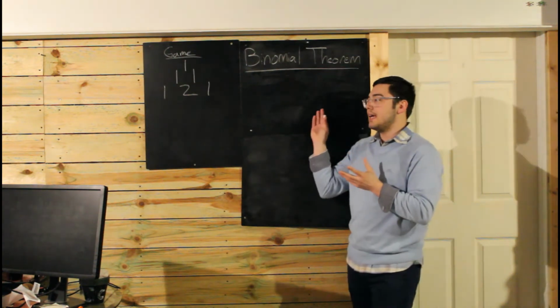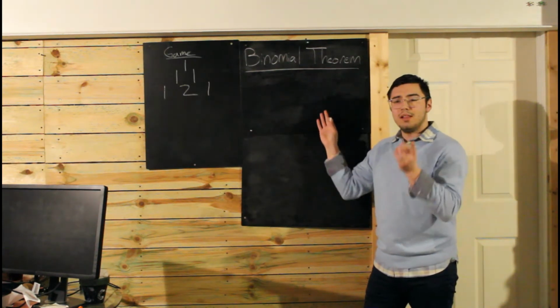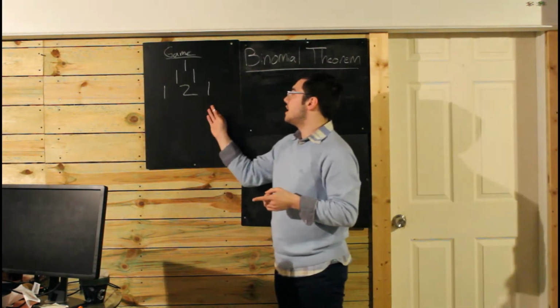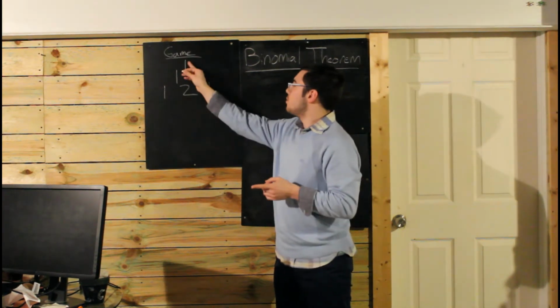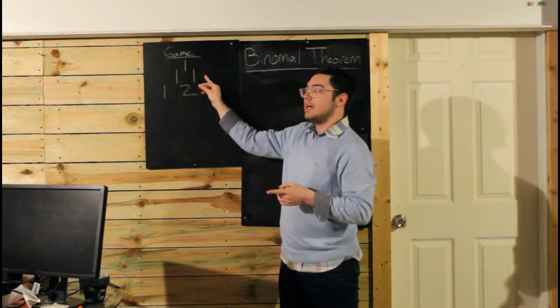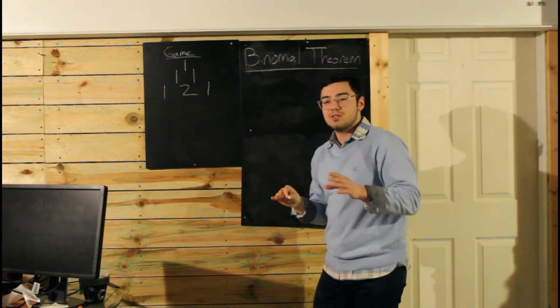So I'm going to go ahead and write up the binomial theorem formula here on the board for you. But while I'm doing that, I want you to pay attention to what I've got over here on the left board. I got a little game here. It's a little pattern. It starts off with 1, breaks off into 2 1s, breaks off into 1 2 1. Some of you may have seen this pattern, some of you may not.